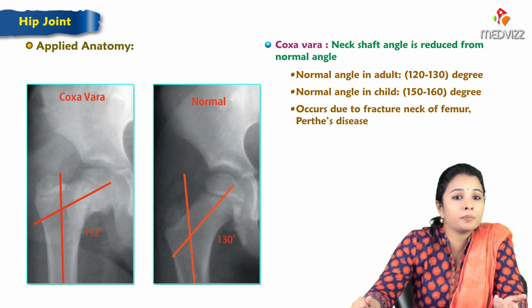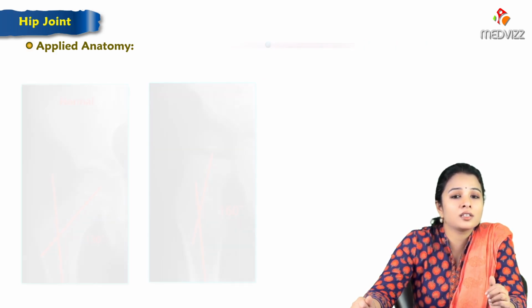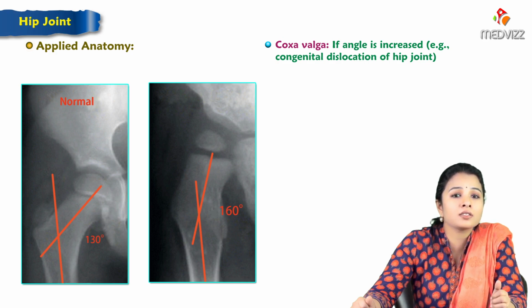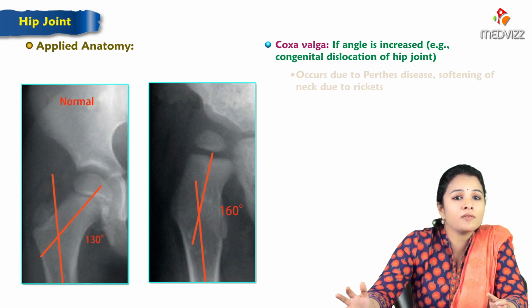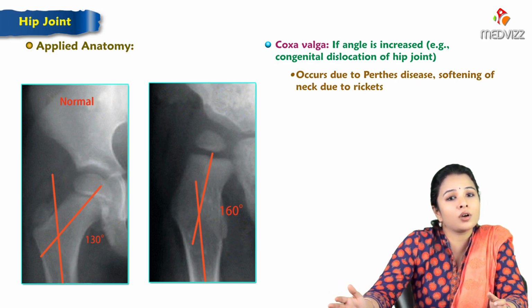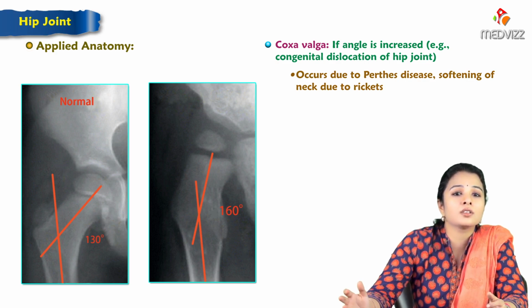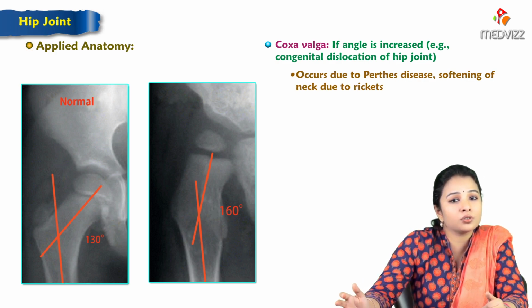So for example, in Perthes disease, this deformity is called as coxa vara. If the angle is increased, that is congenital dislocation of hip, it is called as coxa valga. So coxa vara, this deformity may also occur due to Perthes disease, softening the neck due to rickets.